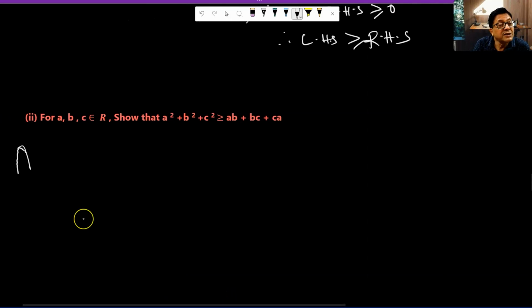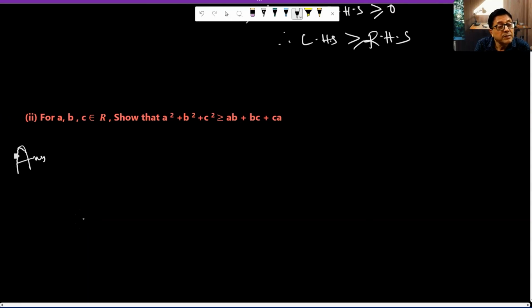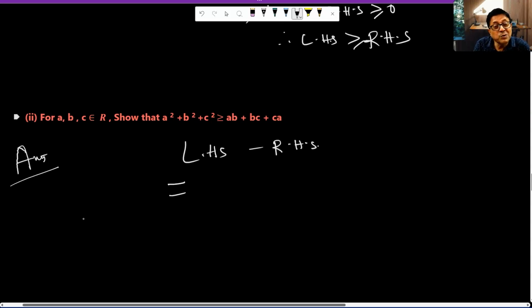Okay, let's start. LHS minus RHS. This time, a, b, c may be negative or positive, not stated, but this quantity is always greater than this. What is this? You multiply and divide by 2.